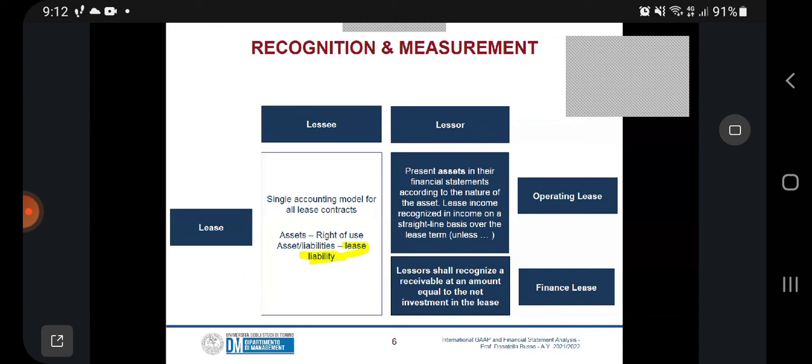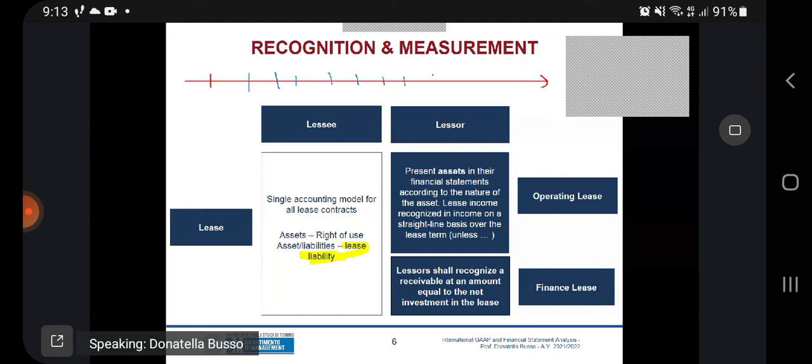So at the beginning of the contract, when the contract is signed, here at the inception, you know since the beginning that you have to pay installments in the future. And the future can be 2 years or 15 years. It depends. But what is for sure is that if you sign the contract, you have an obligation to pay the future installments.